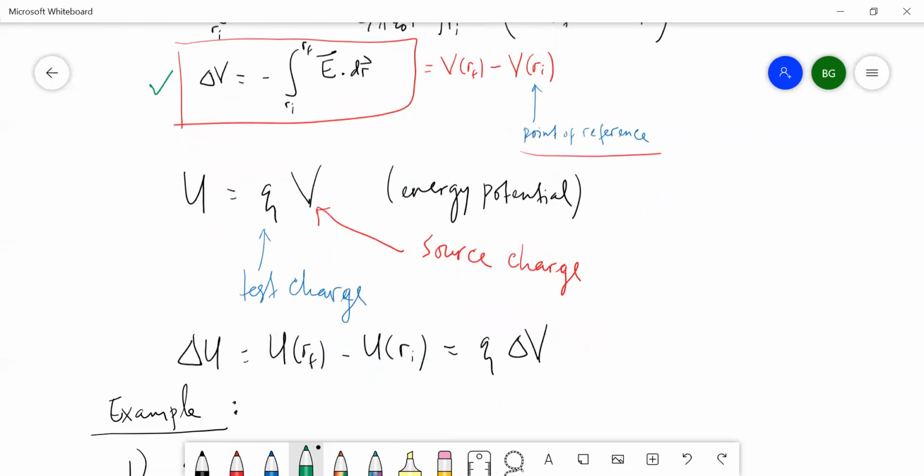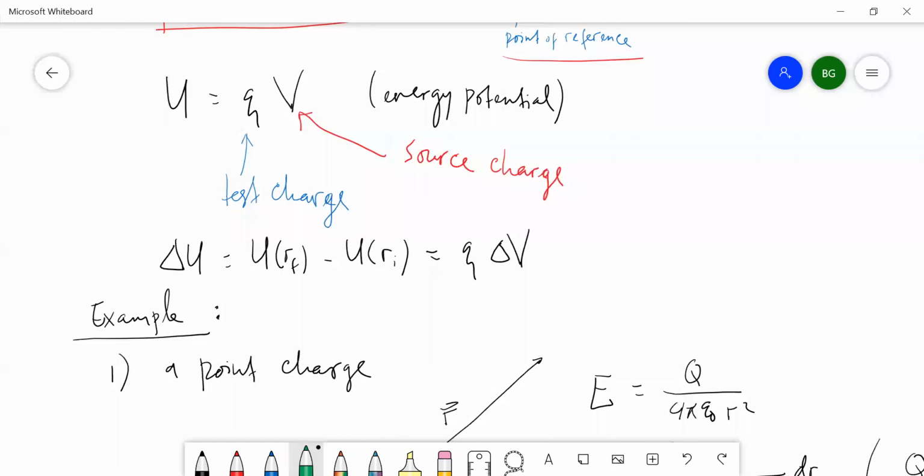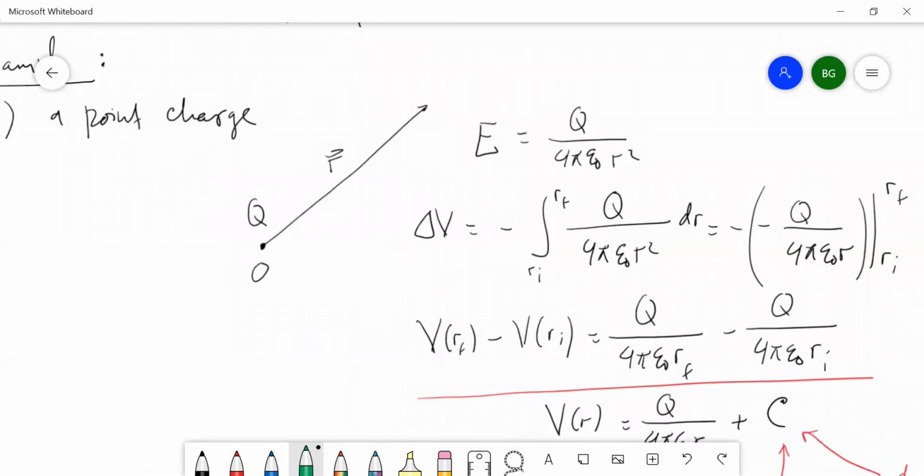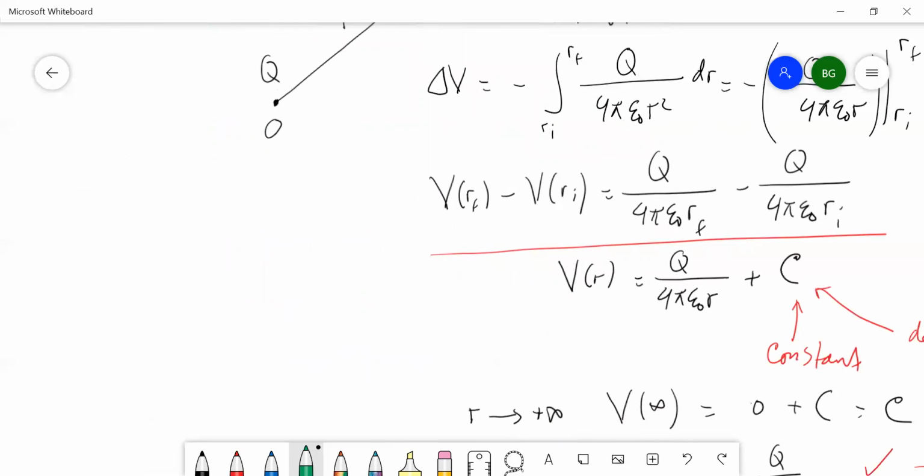Oke. Hubungan antara energi potensial dengan fungsi potensial tinggal dikalikan Q saja. U di sini adalah energi potensial, V adalah fungsi potensial. Jadi U sama dengan Q kali V, dan delta U sama dengan Q kali delta V. Ambil contoh muatan titik.